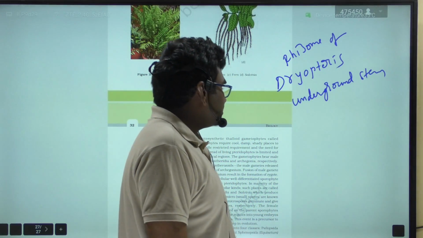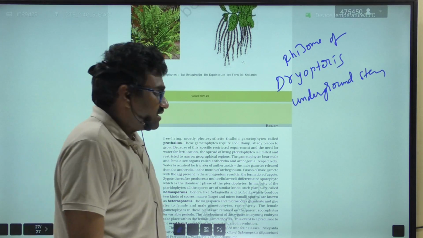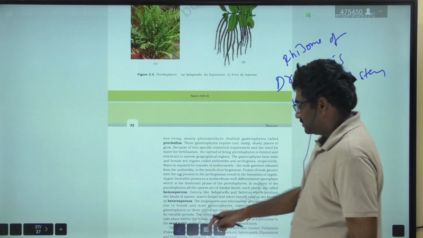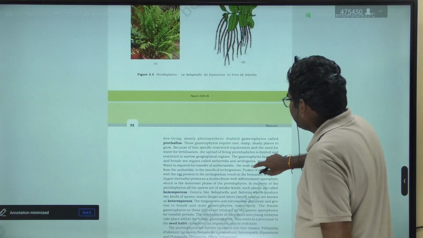In pteridophytes, Dryopteris has a rhizome, an underground stem modification. Right. This point is not given in our NCERT, but no need to remember this.